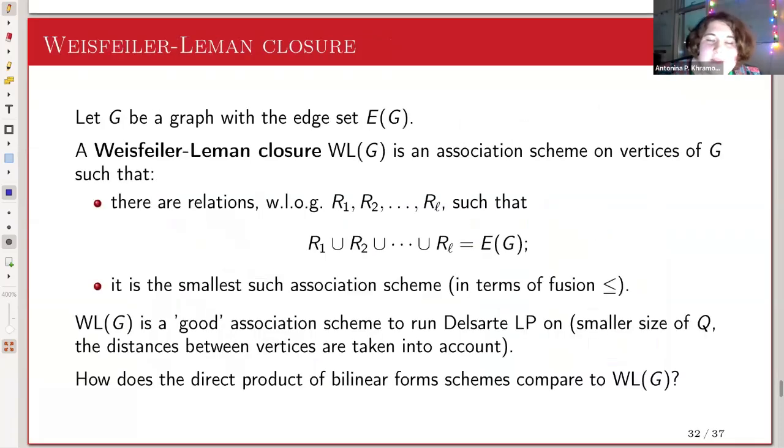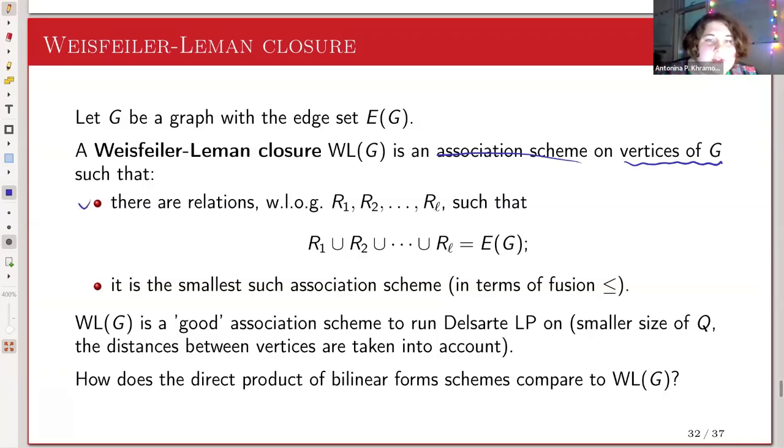And another thing I'm defining is the Weisfeiler-Leman closure, also known as the coherent closure. In general, it is defined for coherent configurations, which are generalizations of association schemes. But for our purposes, we can define it as an association scheme for a graph, where the point set is just the vertex set of the graph, and the relations need to satisfy these two conditions.